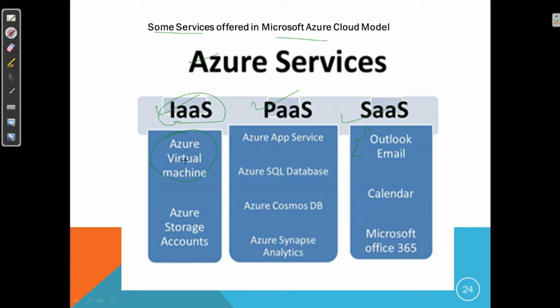Azure allows users to configure their own virtual machine as per the requirement. They can install their required software, graphic cards, and memory. They can configure everything actually needed for the business and the application to run on these servers.